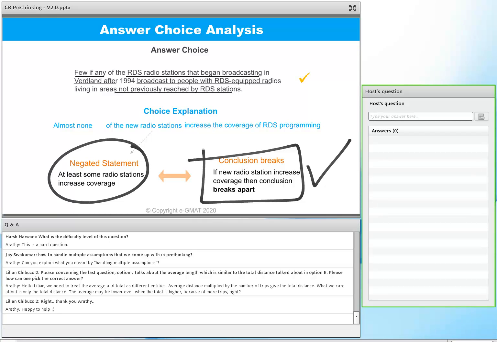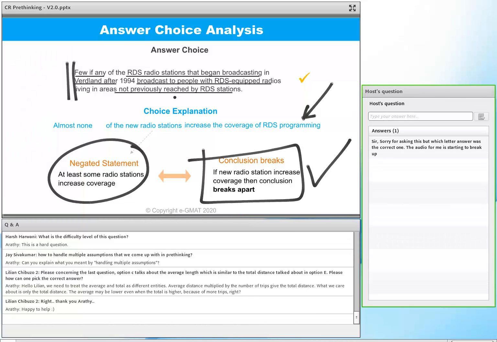Okay, regardless of which answer choice you chose, you can see this is in line with the first pre-thinking that we came in. Very complex statement, but the essence of this is this piece over here, and you can see how the negation test is applied, which is why this is the correct answer. Okay, so choice A is the correct one.